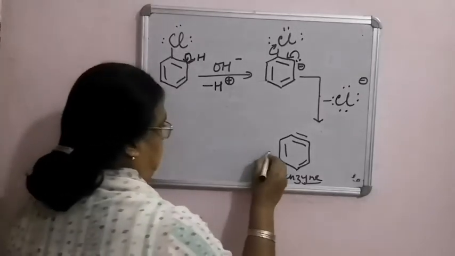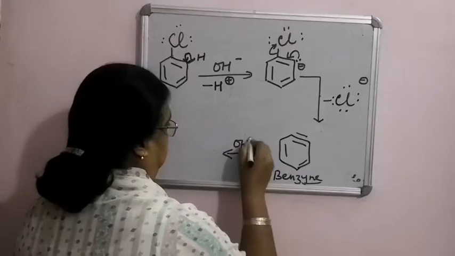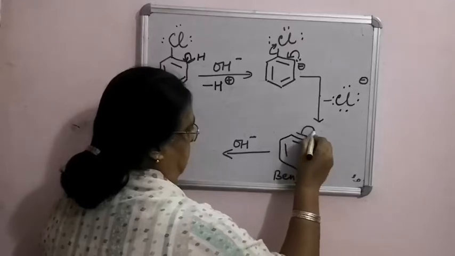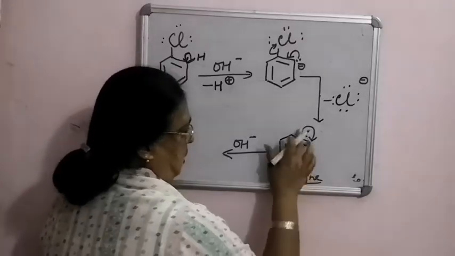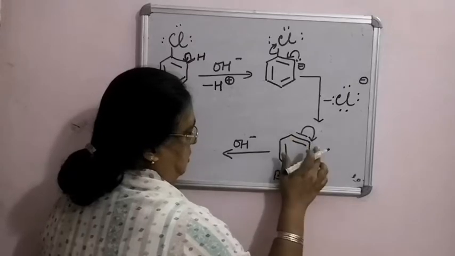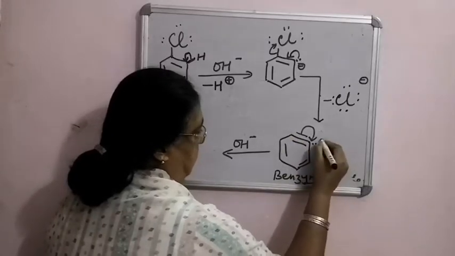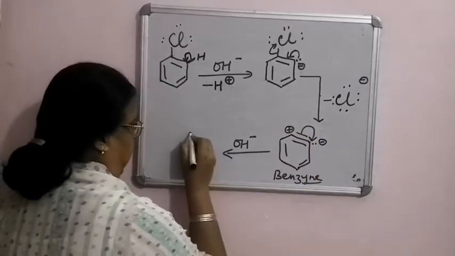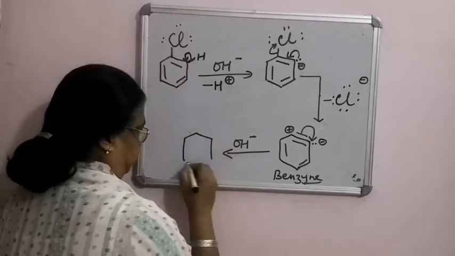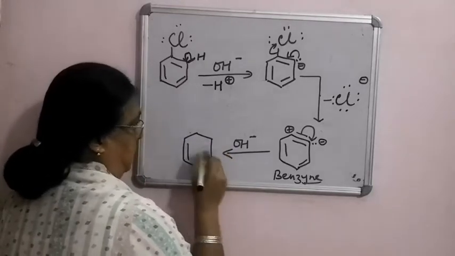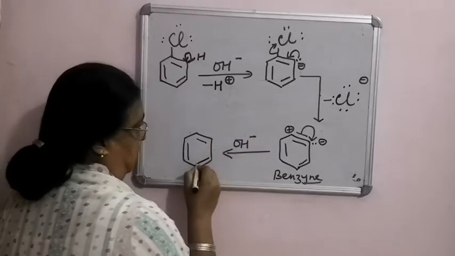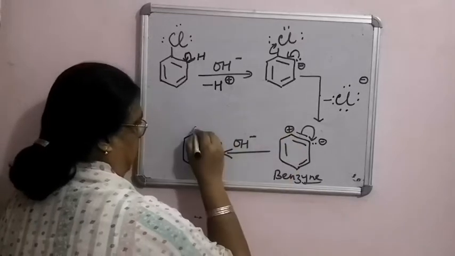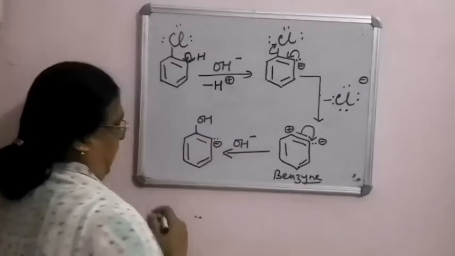Now this benzyne, in the presence of OH ion, alkaline medium, this triple bond will break, and the lone pair will be transferred to one side, either that side or this side. So here, this side will have a negative charge and this side will have a positive charge. So we will have this species here, the triple bond won't be there, a double bond, and this is transferred, so here we have a negative charge. To the positive charge, this OH will be attached.